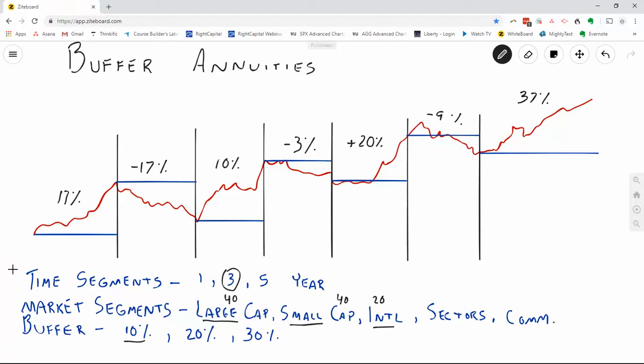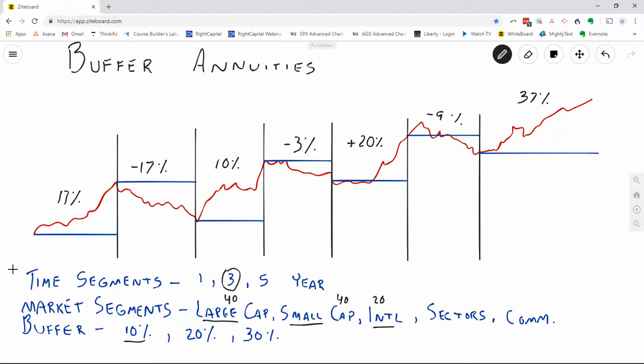So let's say this is our first time horizon here. Now I kind of did these different returns here on the basis of typical 1 year returns, or the kind of the range of returns of 1 year. So I may revise these because we're going a full 3 years.